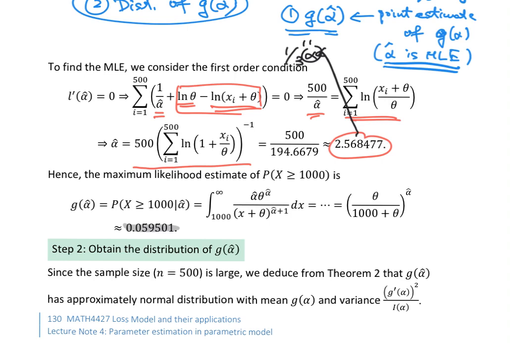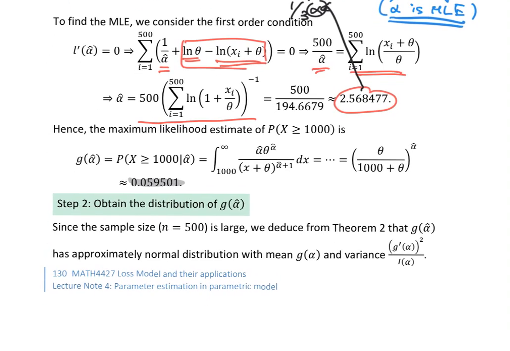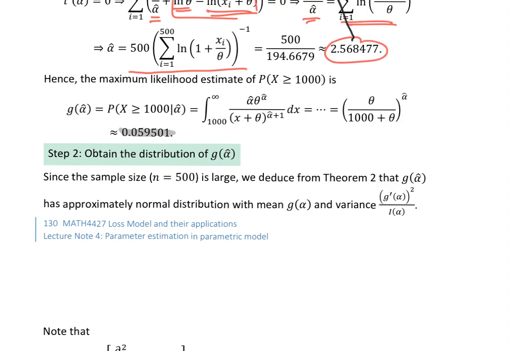Now what is the next step? In order to construct the confidence interval, you also need to know the distribution of this G alpha hat.